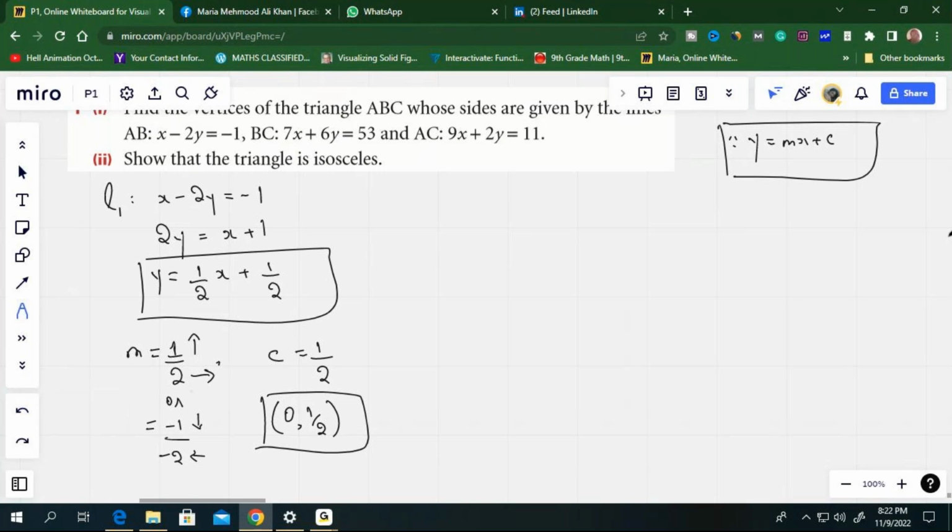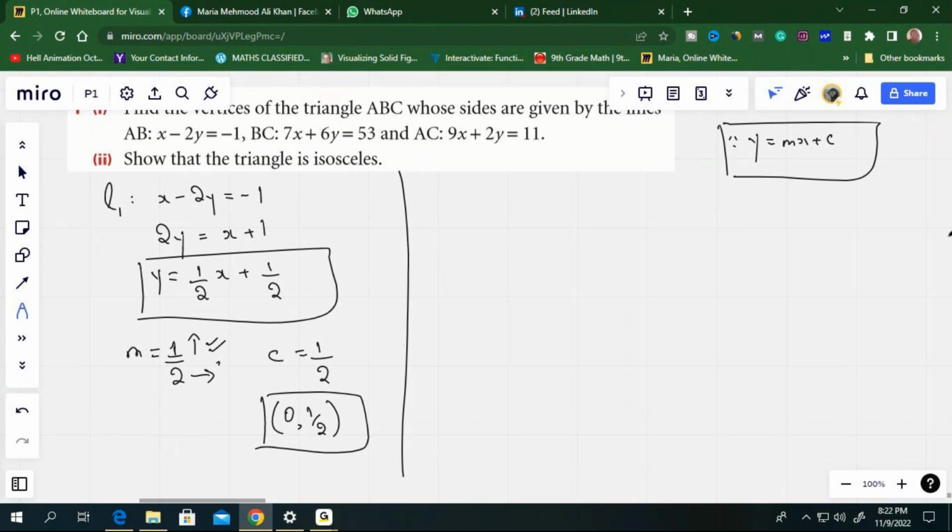I have decided to pick this pattern, and I'm going to draw my graph. But before drawing the graph, let us figure out the remaining two equations, and then at the end we are going to draw the lines. This is coordinate geometry.